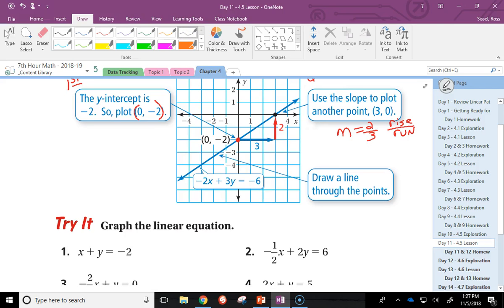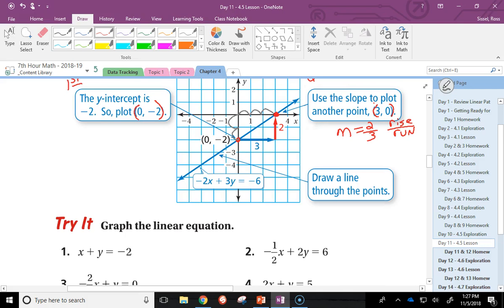I go from my y-intercept, and I'm going to rise 2. 1, 2. I'm going to run 3, positive. 1, 2, 3. I end up right here, and that new coordinate is 3, 0.